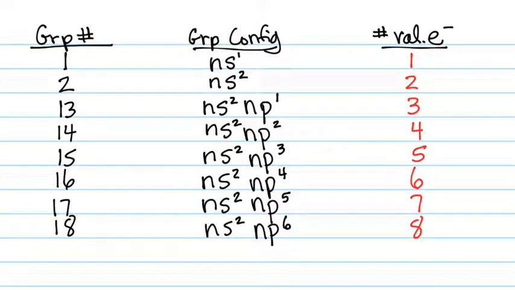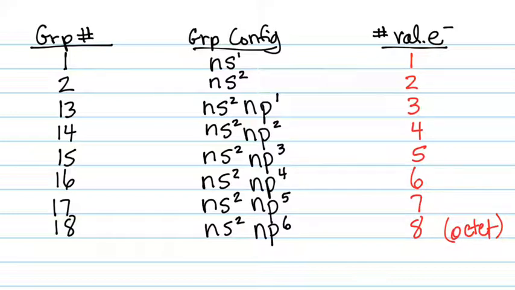We always talk about the happy 8, or your octet, and we are looking at having 8 valence electrons. We know group 18 is very stable. Those are our noble gases, and other elements want to be like your noble gases. So what can they do to be like a noble gas and have those 8 valence electrons?